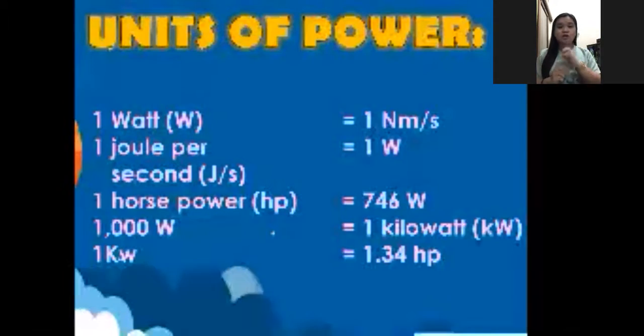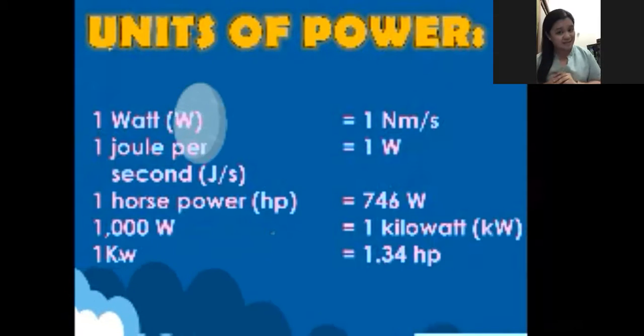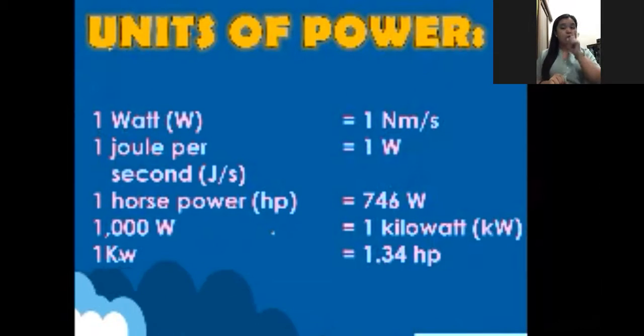1 watt, or the W unit, is equal to 1 Nm over s. Again, 1 watt is equal to 1 Nm over s. Can you repeat that? 1 watt is equal to? Good job.